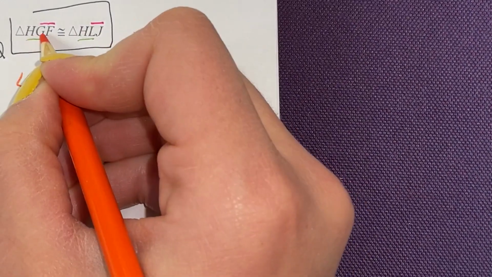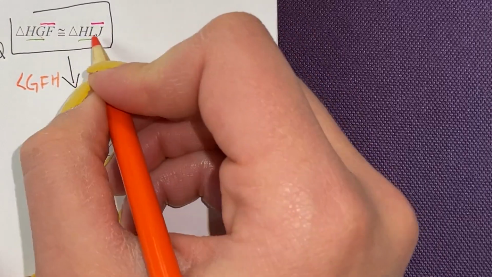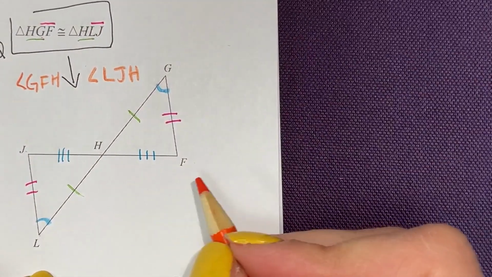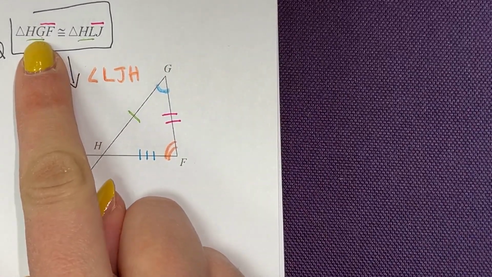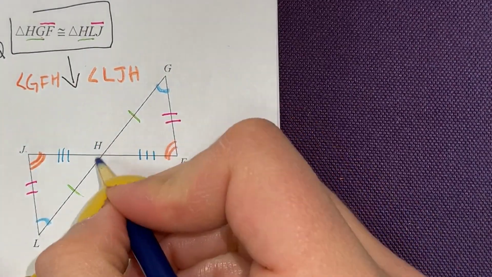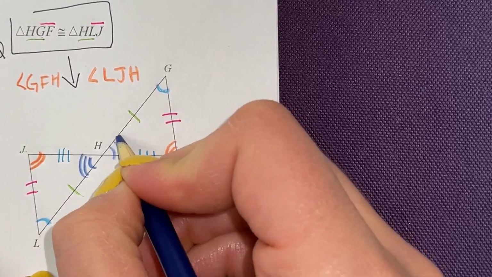So I'm rewriting these in the same order. So I'm starting with GFH, which is also going to be congruent to LJH. So I'm going to find those points and make a tick mark. I kept the order. I just started with the G first, and that is okay. You can do that. That's the cool thing about these. And then lastly, but not leastly, these two angles are going to be congruent as well.